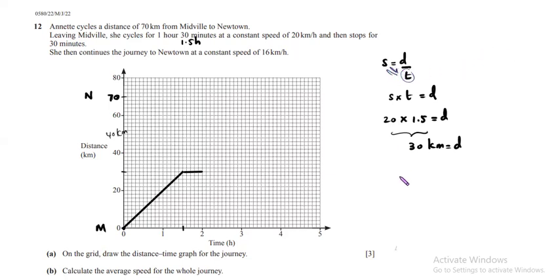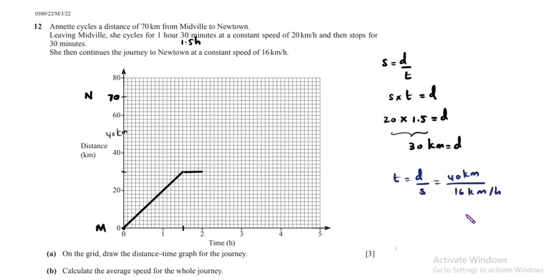So time will be equal to distance over speed. That means the distance traveled from here to Newton, which is 40 kilometers, has to be divided by the speed, which is 16 kilometers per hour.